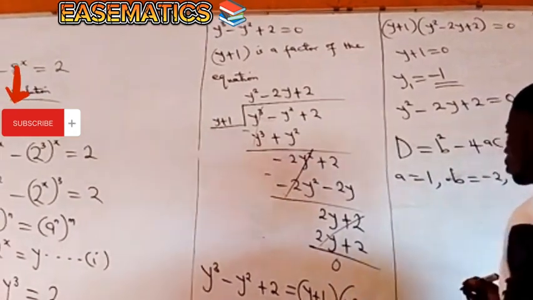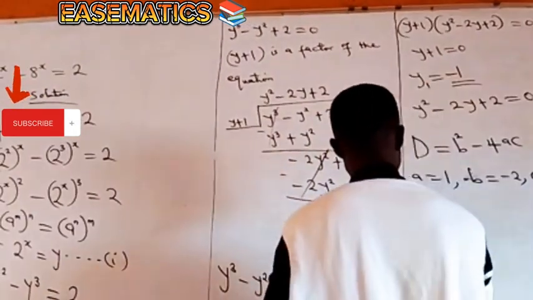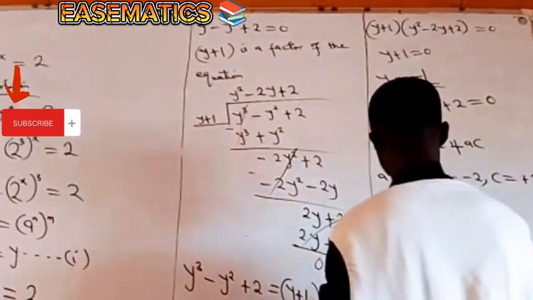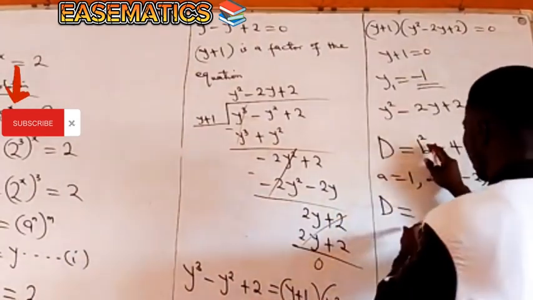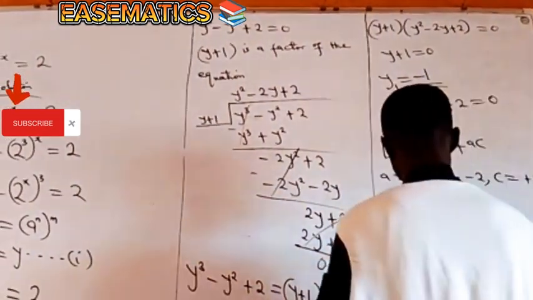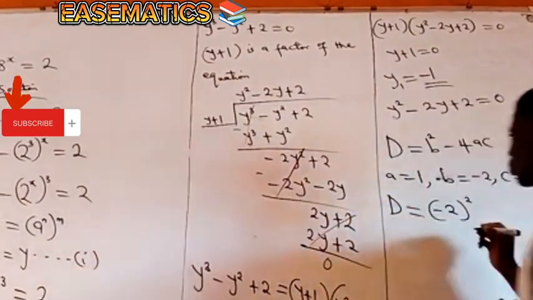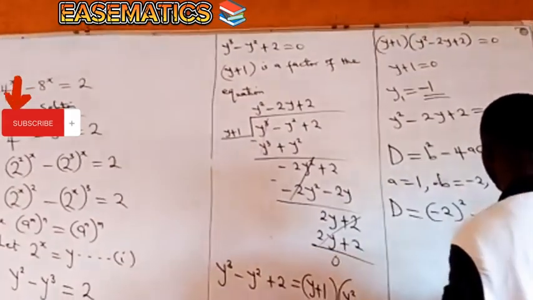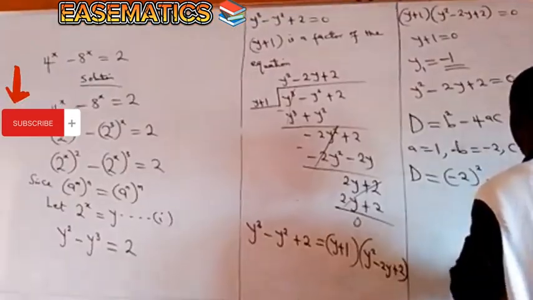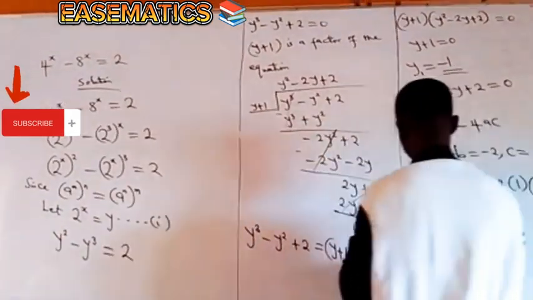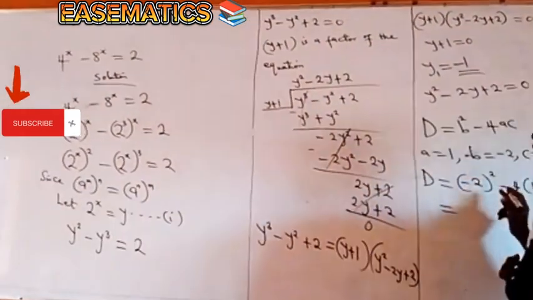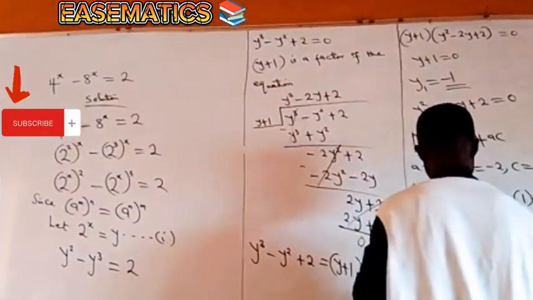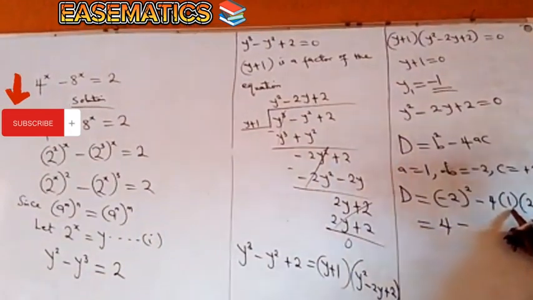So we can substitute all this into the discriminant equation, and we have D equal to minus 2 to the power of 2 minus 4ac, where a is 1 and c is plus 2. Minus 2 to the power of 2 is 4. This gives 4 minus 4 multiplied by 1, which is 4.